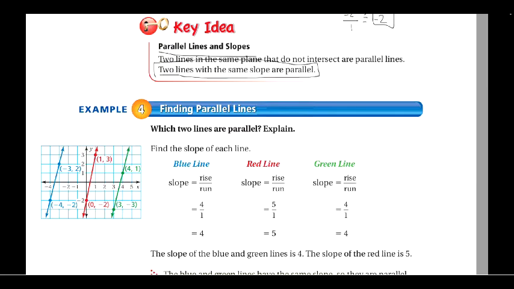And the green line rises 4 units and runs 1 unit. So if you see their slopes are all simplified for you, if they have the same slope, that means they will never ever find each other. But that red line is going to meet both the blue and the green line because its slope is slightly different. Therefore, it's not parallel.